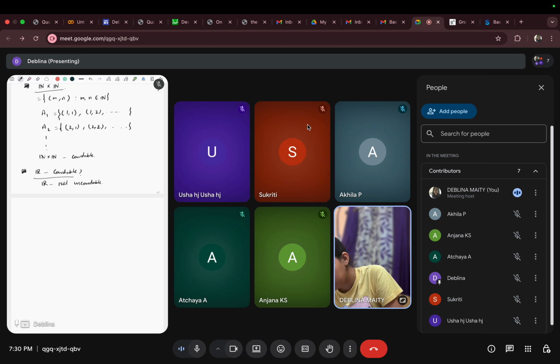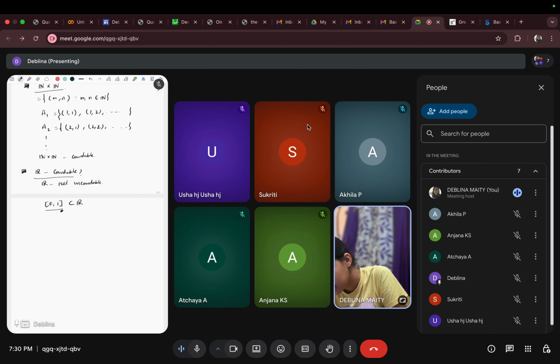I'll give a brief proof. We will prove that (0,1) is not countable. Now (0,1) is a subset of R, so if this is uncountable, then R is going to be uncountable. How do we prove that (0,1) is uncountable? We'll prove this by contradiction.